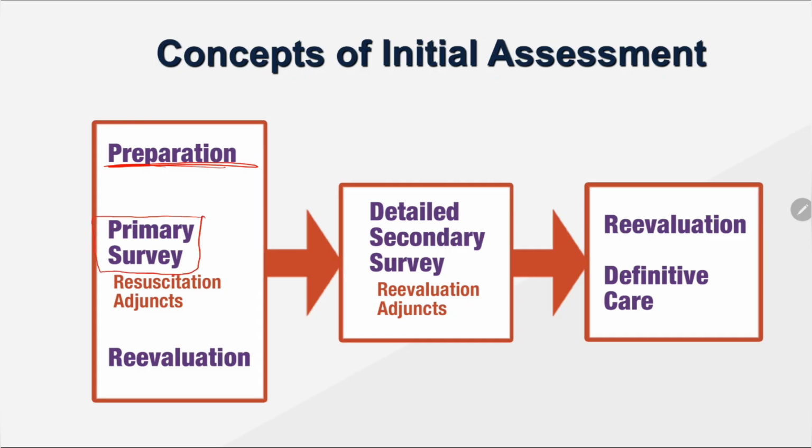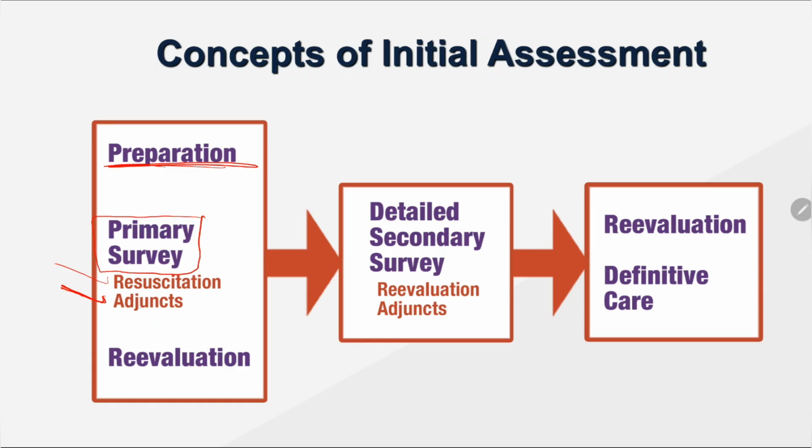You do ABCDE, and at the same time, if you see any life-threatening problem, you resuscitate the patient. For example, if the patient is in shock, you give IV fluid. The adjuncts you use help in management of the patient or detection of something, for example, pulse oximetry to detect if the patient is hypoxemic.